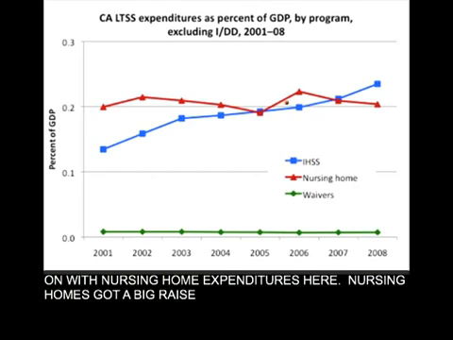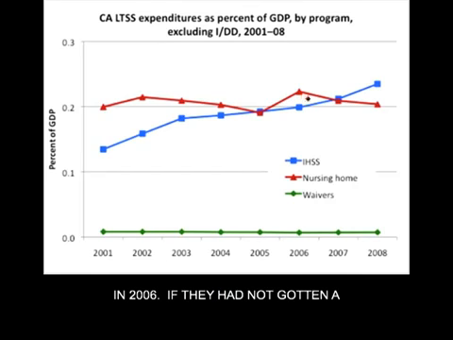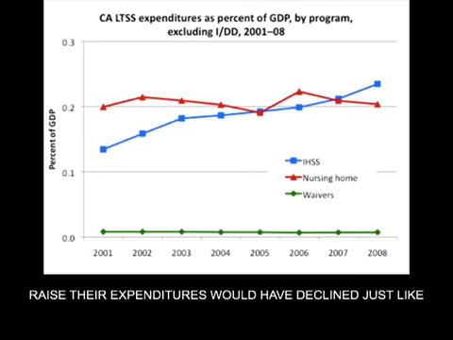What went on is that nursing homes, in red here, got a big raise in 2006. If they hadn't gotten a raise, let's see if I can draw this, their expenditures would have declined, just like they did in other states.